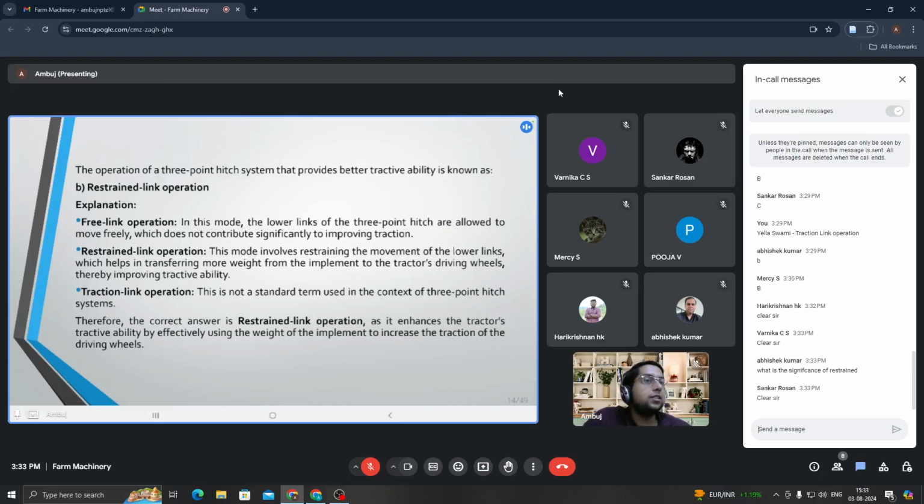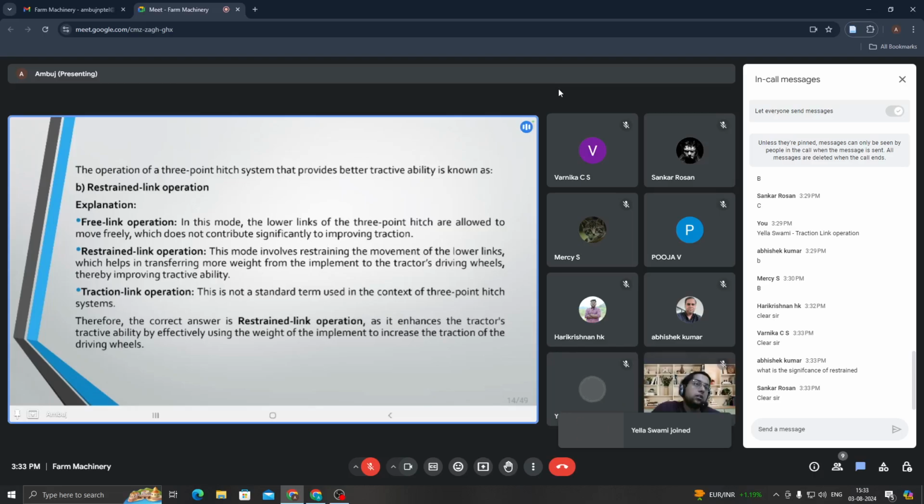This is the only significance. When restraining is there, the load transfer from the implement to the tractor would be somewhat large, so more traction or more tractive ability will be generated. This is the only thing, not of much significance. This is the meaning of restrained link operation. Is it clear to you now?